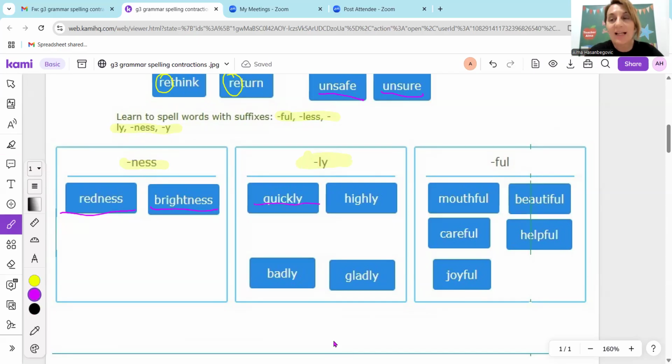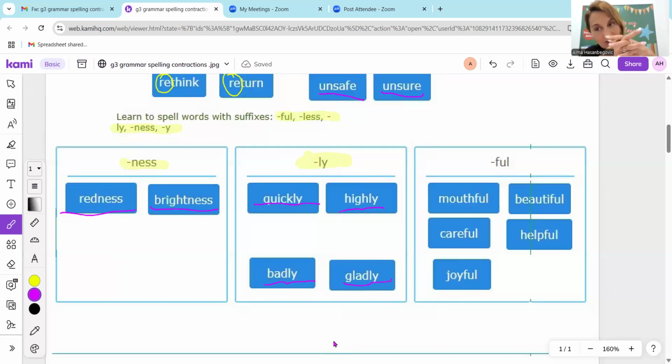Quickly, highly, badly, and gladly. So ly comes at the very end of the word, being a suffix. Quick and ly put together, you get quickly.